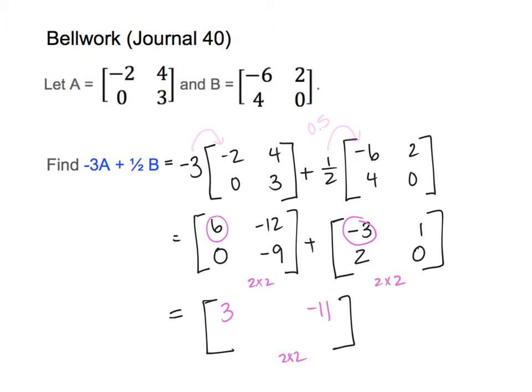And 0 plus 2, just a 2. -3 plus 0 is a negative. Sorry, did I say -3? -9 plus 0, -9 here. And then that's it. I have simplified my matrix, and this would be the final matrix that I have left.